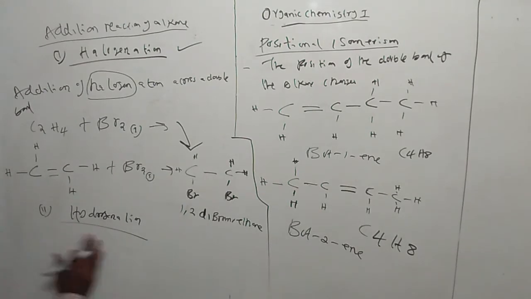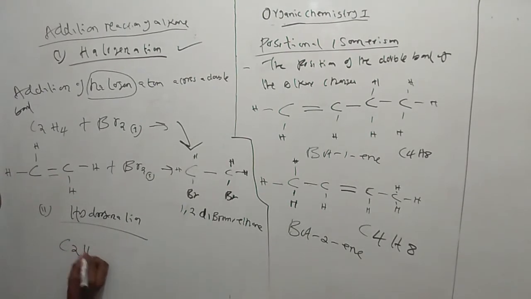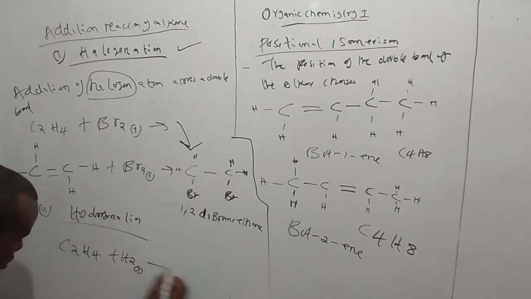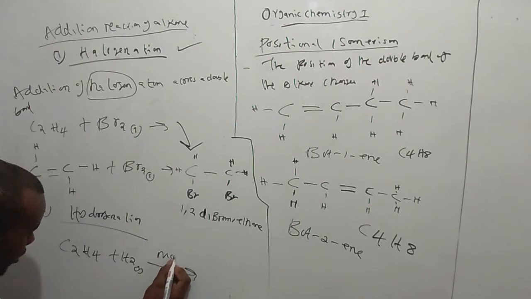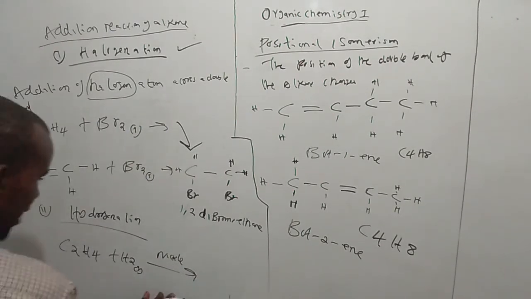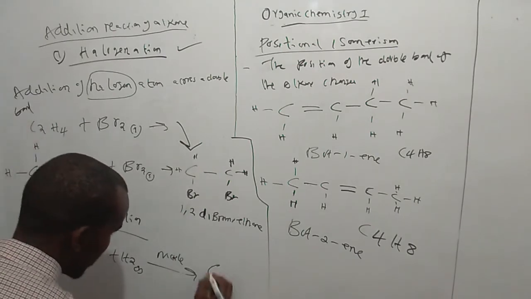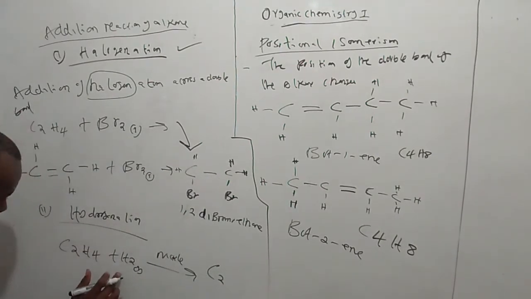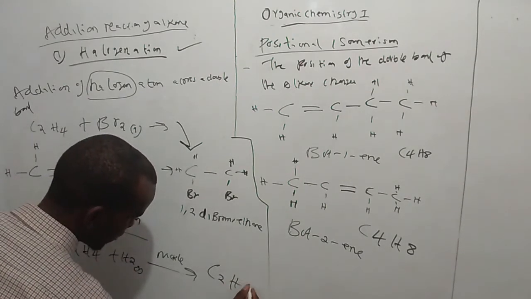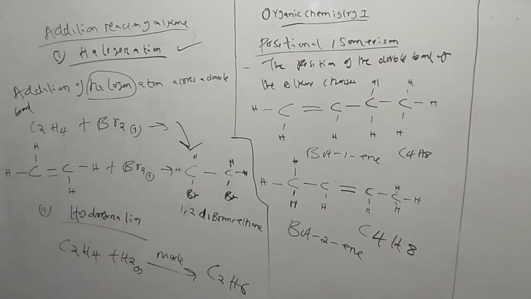Meaning I can just say C2H4 plus hydrogen gas in the presence of nickel catalyst. Now we'll have ethane. Remember, now this hydrogen will add to this hydrogen. So we have C2H6, 2 times 2 plus 2.